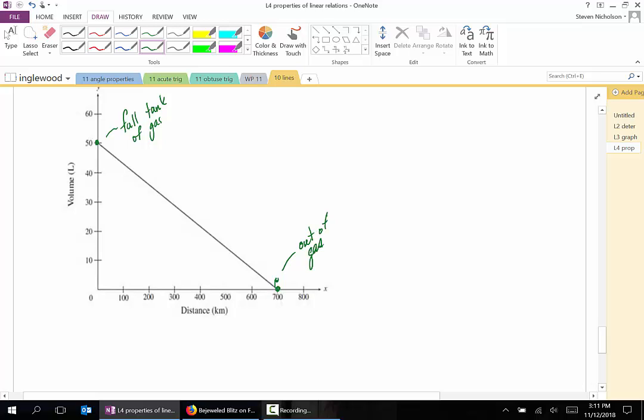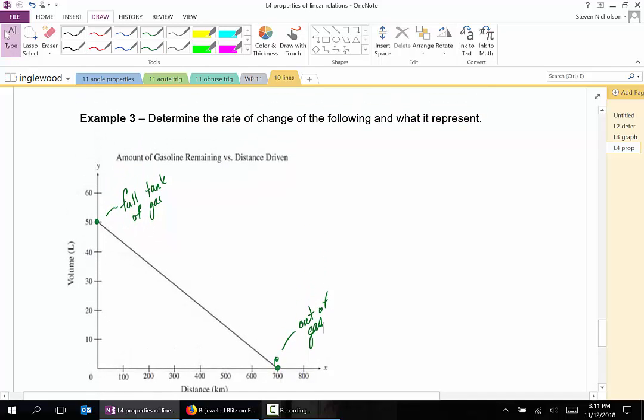So what we basically want to do is determine the pattern. In order to find the rate of change, the best way to think of it is find the patterns in y and x. And remember, it matters. We're always looking at y first. So again, I'll make note of that.